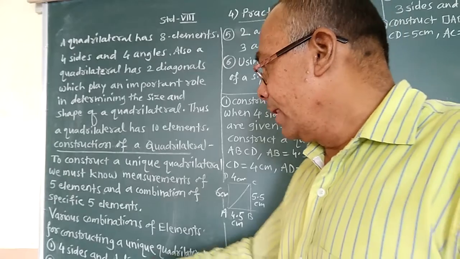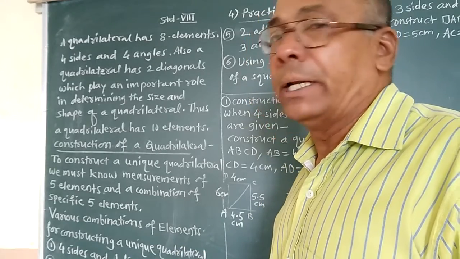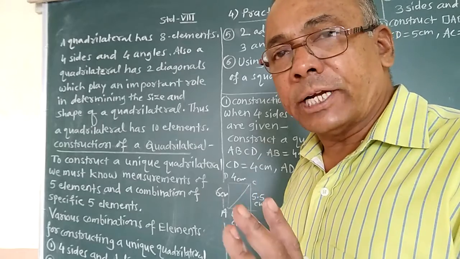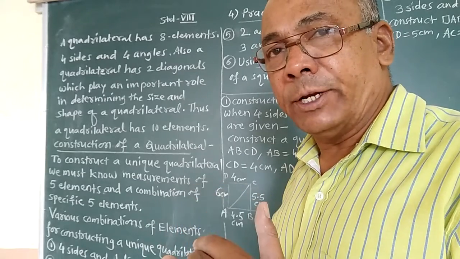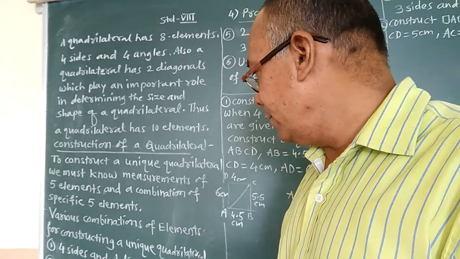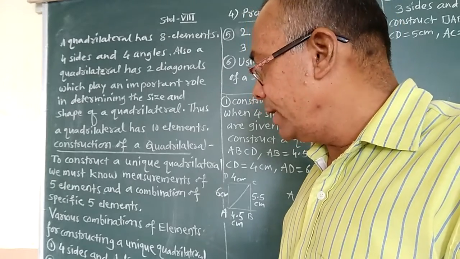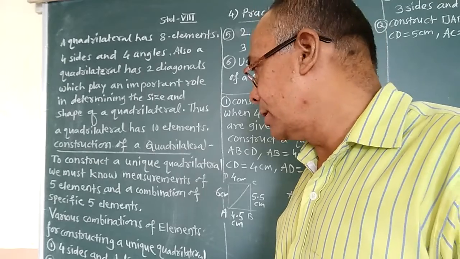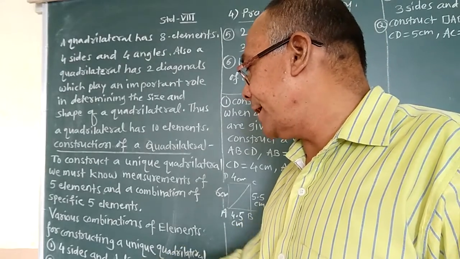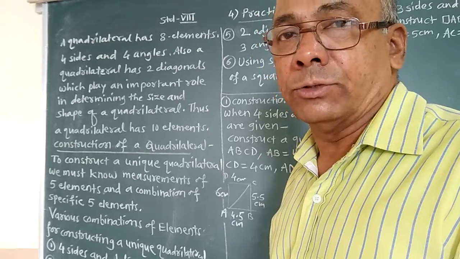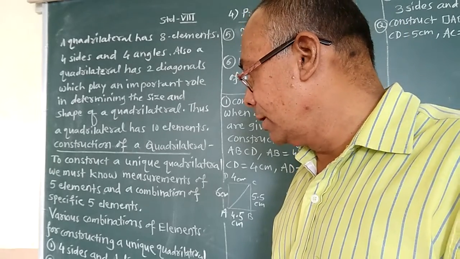So first is 4 sides and 1 diagonal. If we know the measurements of the 4 sides and 1 diagonal, then we can construct a quadrilateral. Similarly, if 3 sides and 2 diagonals are known, then also we can construct a quadrilateral.